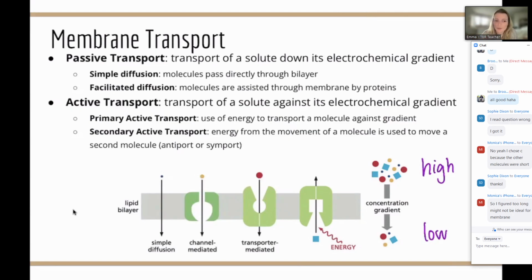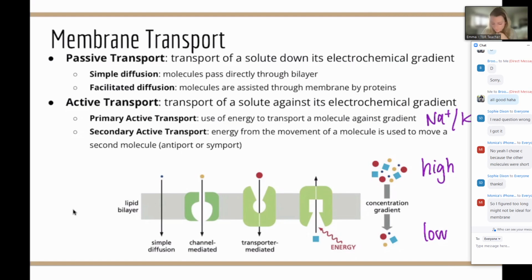For primary active transport, it's the use of energy to transport a molecule against its gradient. If we think about a sodium-potassium pump, we're using these pumps to reset the electrochemical gradient for a cell. When we're doing this, we're pumping them against their gradient, and therefore we need to use energy.